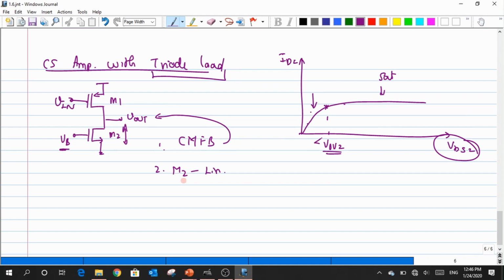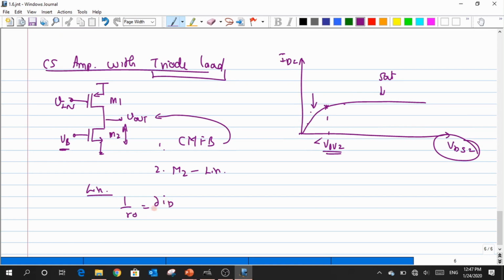But can I still use the same thing? No, it is not possible. So I will use the formula that I used for computing r0, or rout, for the linear region. And what is the derivative that I have to use in order to compute it? Okay, I think 1 upon r0, I will write it.